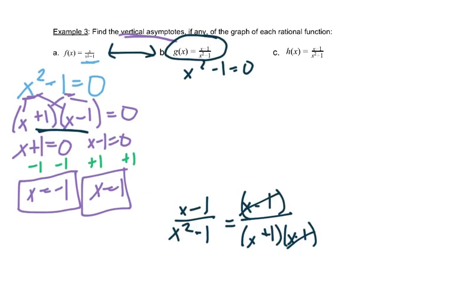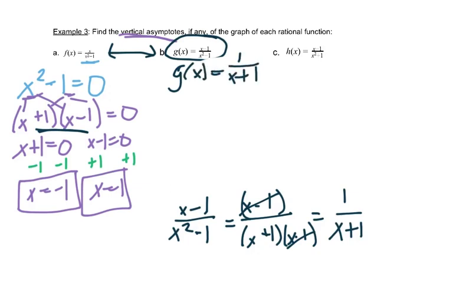So that means that this can be simplified to 1 over x plus 1. So rather than starting with this as our function, we really want to start with g of x is equal to 1 over x plus 1 for the vertical asymptotes. If we can cross it out, then it doesn't give us a vertical asymptote.